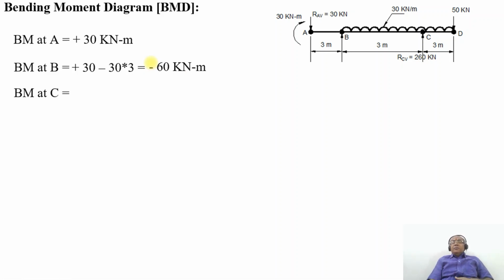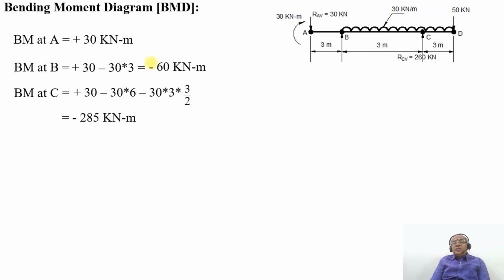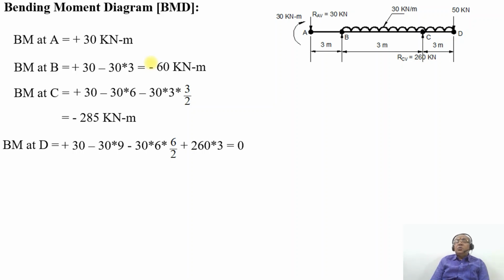Now when you are considering the bending moment at the point C, that is going to be plus 30 minus 30 into 6, then minus 30 into 3 into 3 by 2. On simplification, you will get minus 285 kilonewton meter. Similarly, BM at the point D will be equal to plus 30 minus 30 into 9 plus 30, again minus 30 into 6 by 2.